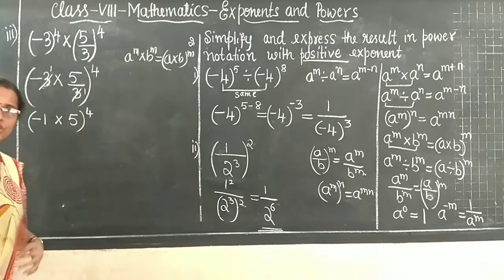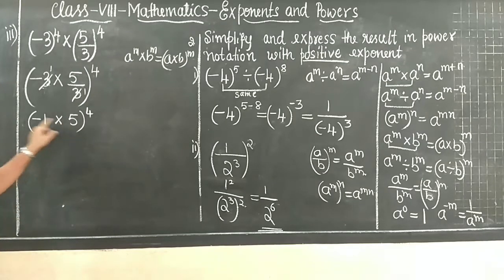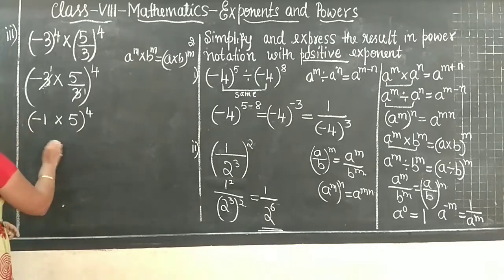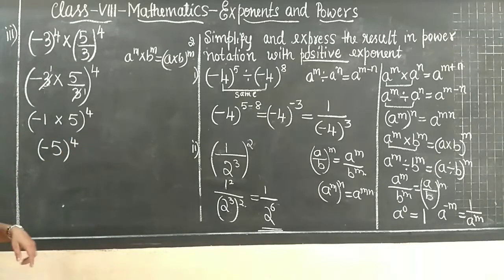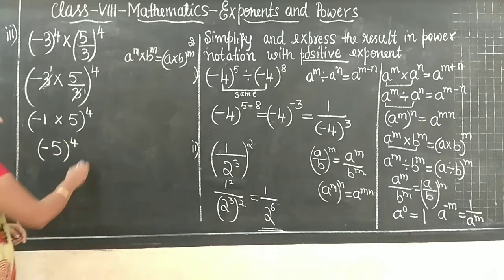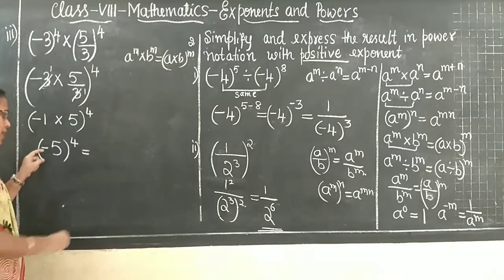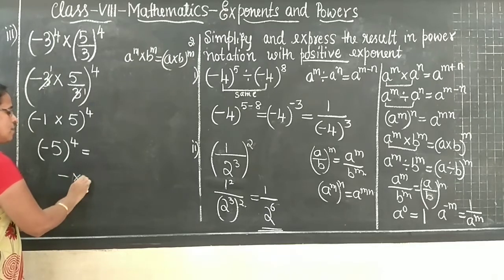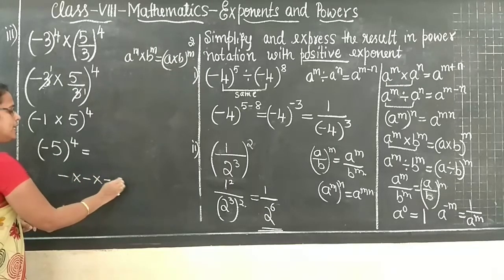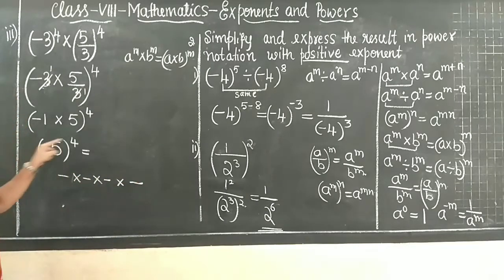Power notation, positive for your multiplication. 5 ones are 5, minus 5 whole to the power 4. Yes, can you make out that? Otherwise, how many times is minus multiplied? Minus 4 times: minus into minus into minus into minus, 4 times.